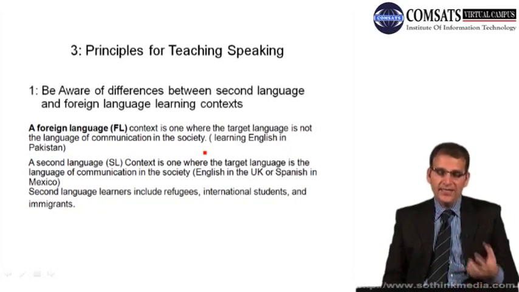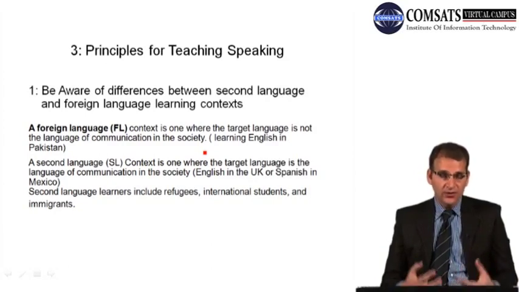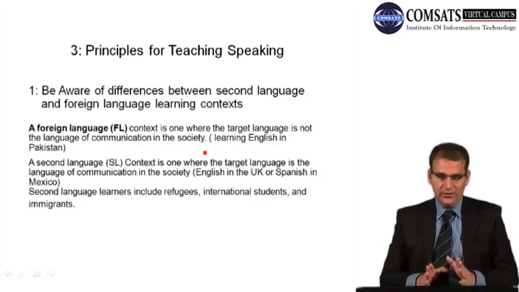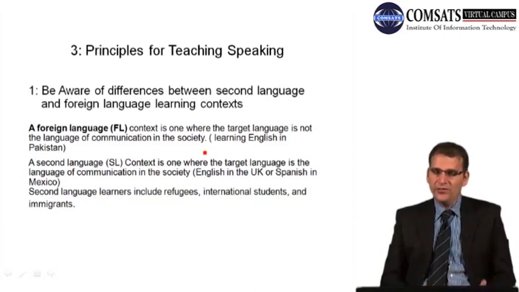And a second language context is one where the target language is the language of communication in the society. If you go to the UK and you learn English, that would be a second language context. So I hope you are clear about the foreign language context and second language context. I gave you some abbreviations initially. I hope you know this.